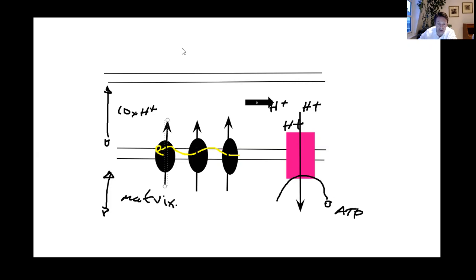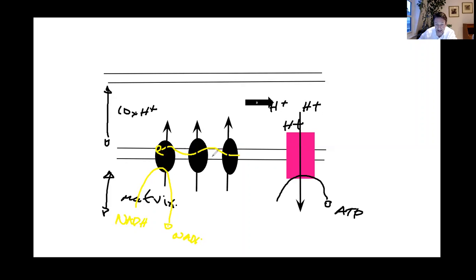So the energy in the electron is used to do that, and the electron comes from a big carrier blob called NAD. And it's called NADH because it's reduced, because it's carrying electrons, and that delivers electrons and becomes NAD again.